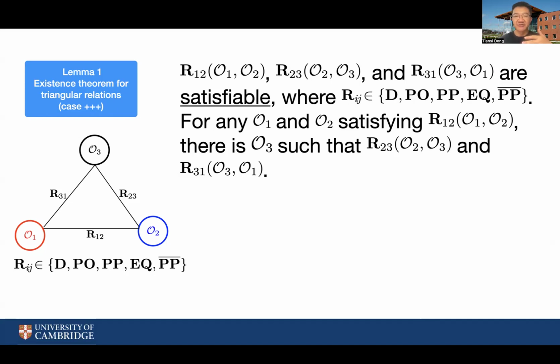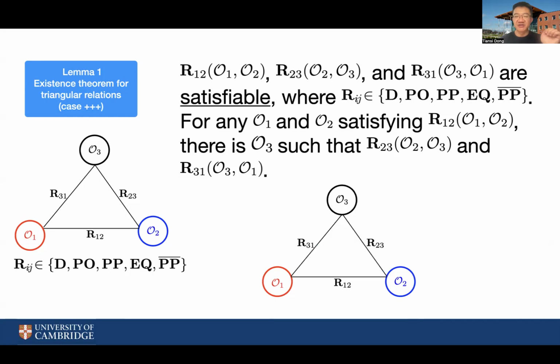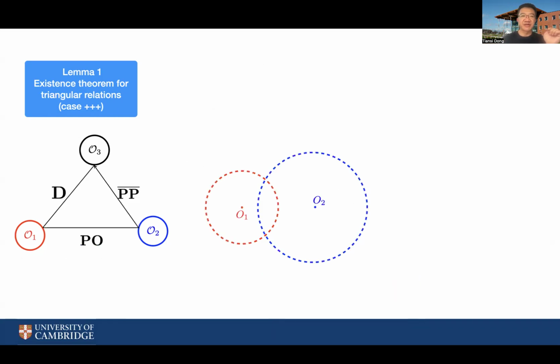So we first find two spheres satisfying the relation, and then we need to find x star, meaning we create the third sphere that satisfies the other two relations. We prove the existence by creating them. Let's see how to create them.